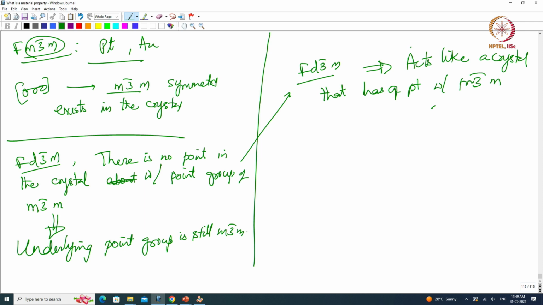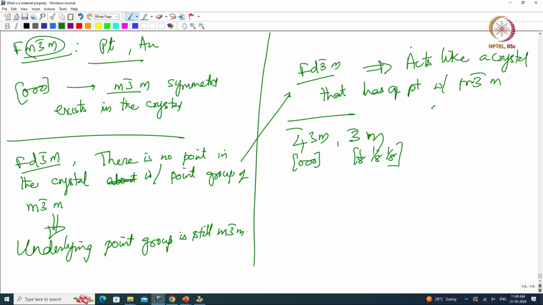So, it is actually conspiring to show greater symmetry than what each individual point has. The maximum symmetry that a point has here is 4 bar 3 m, and then there is also 3 bar m. This is about 0 0 0, this is about 1/8 1/8 1/8. So, this is actually what my glide plane does.